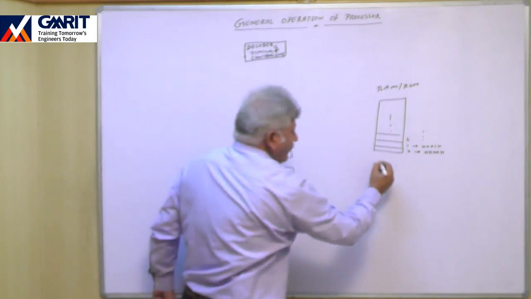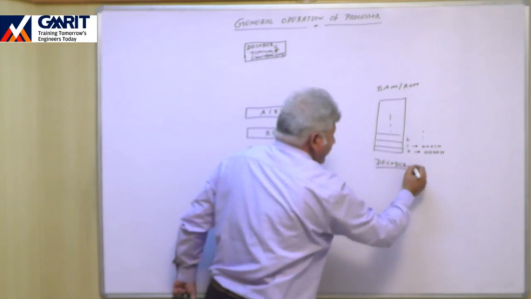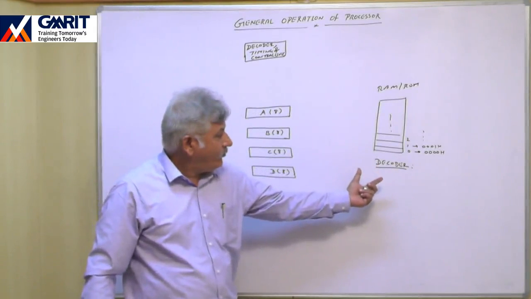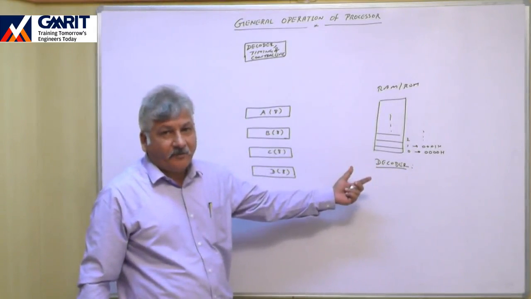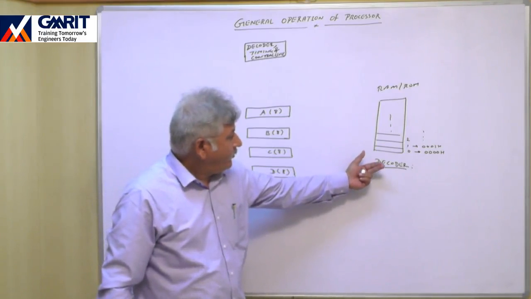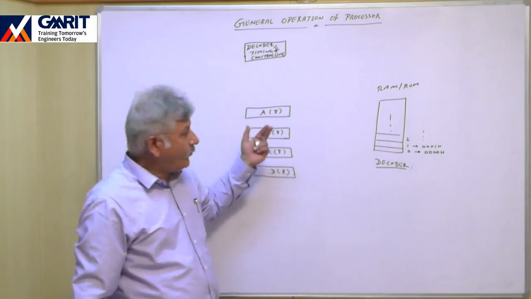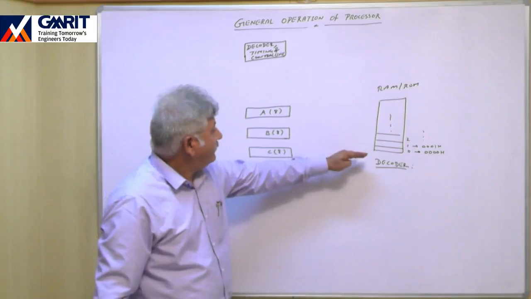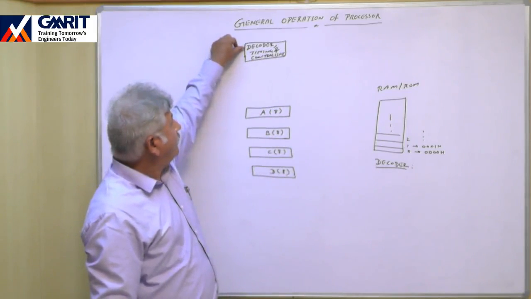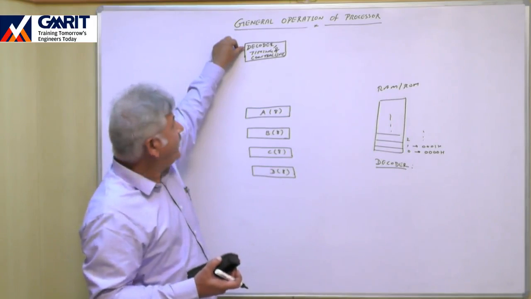What is the purpose of the decoder? The decoder is used to decode the instruction. An instruction is used just to tell the processor what it has to perform, and that particular thing will be decoded by the decoder. So the decoder will decode the meaning of the instruction.